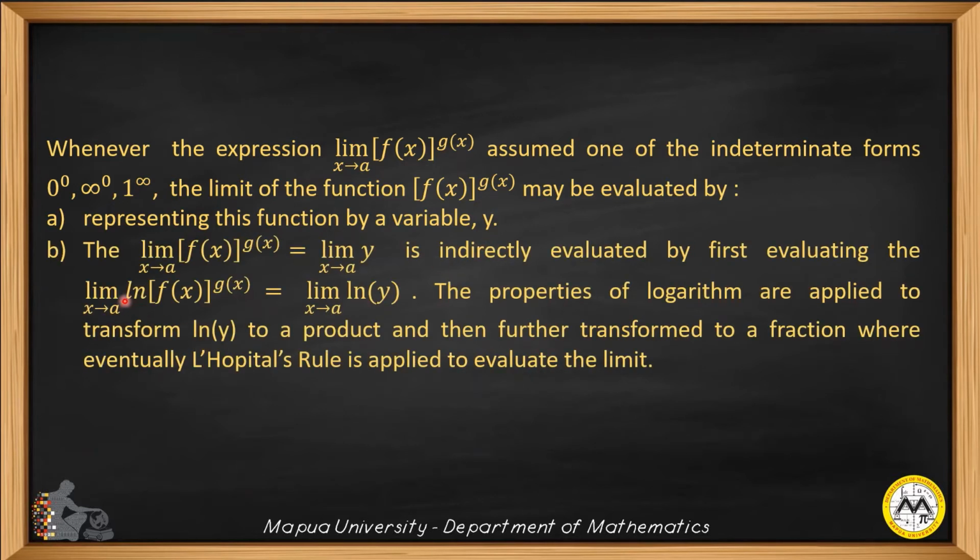Then the limit of f of x raised to g of x as x approaches a is equal to the limit of y as x approaches a, and this will be evaluated indirectly by first evaluating the limit of ln of f of x raised to g of x as x approaches a, or the limit of ln y as x approaches a.